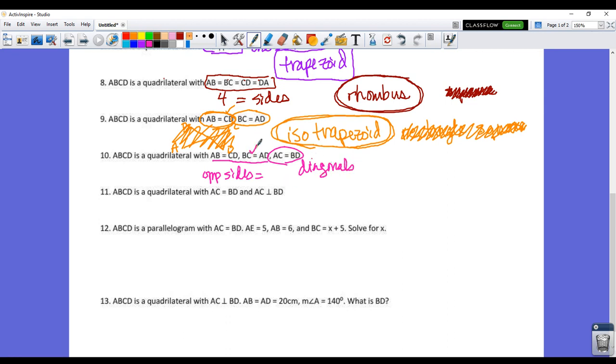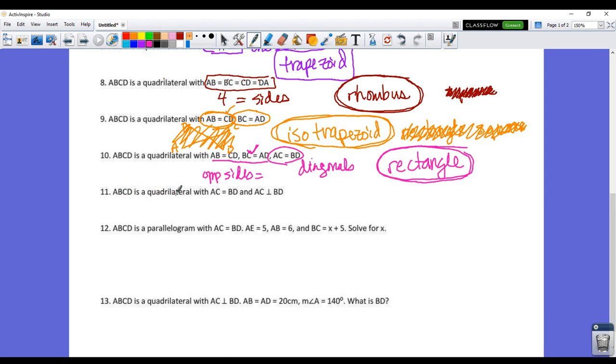Because we know this piece of information, we can say that it's a rectangle, because rectangles have opposite sides that are congruent, because it's a parallelogram, but it also has congruent diagonals. Now if we knew something about them being equal to each other, maybe it could be a square. But just because we have opposite sides equal, that's going to make it into a rectangle.